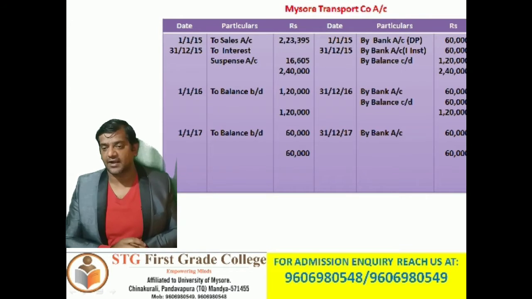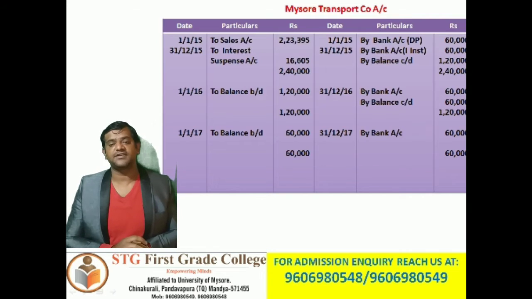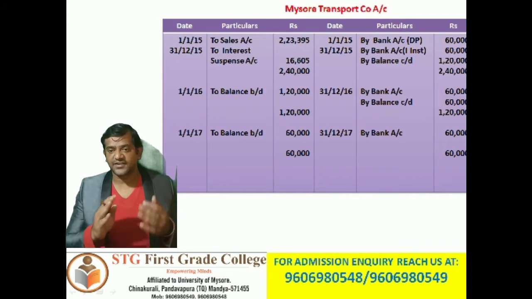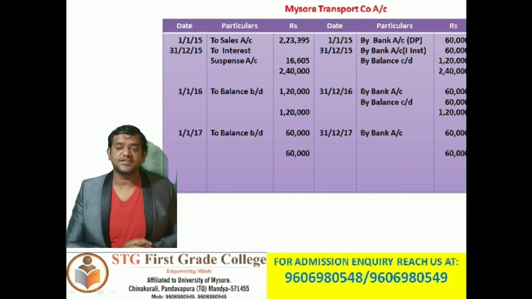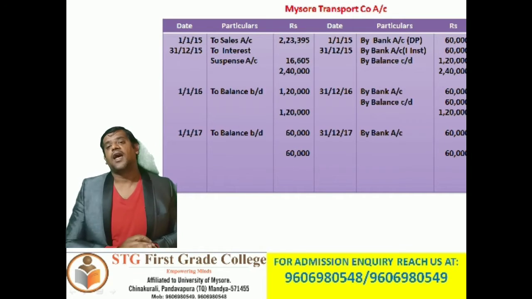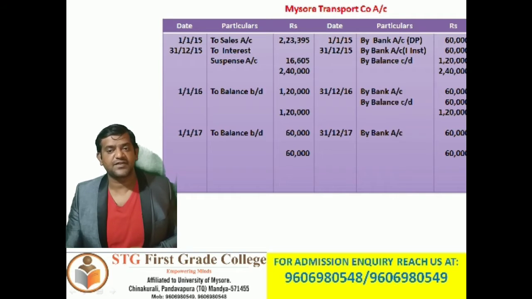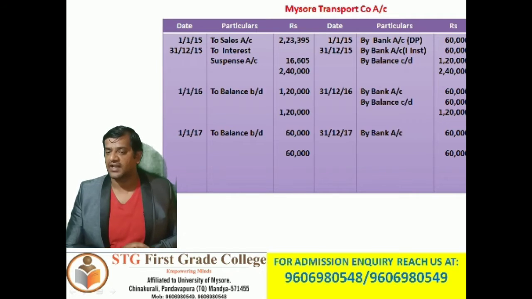Go to the credit side. 1/1/2015 by bank account, down payment 60,000. 31/12/2015 by bank account, first installment 60,000, and by balance carried down 1,20,000. When you total it, you get 2,40,000 on both sides.